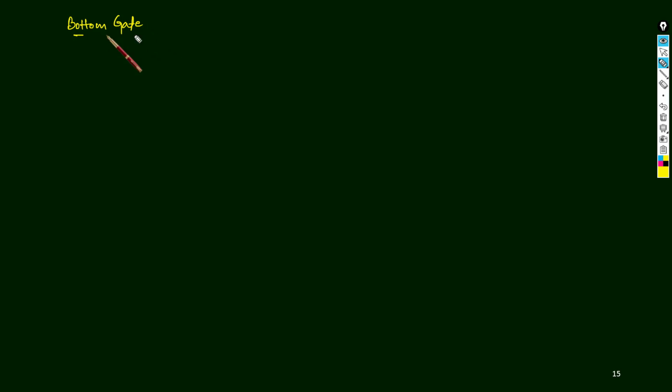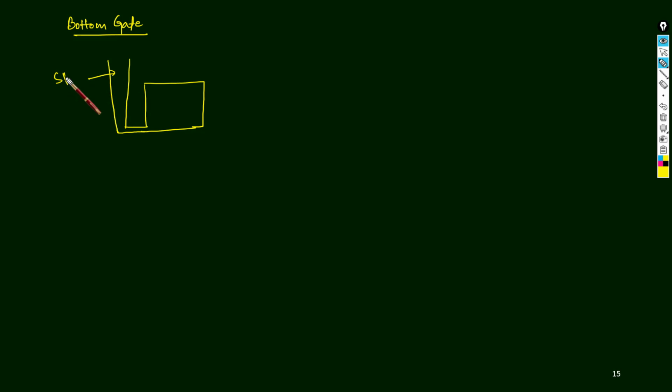In case of bottom gate, just draw the bottom gate. This is the sprue, and we have a runner here, and here is the cavity. This is the bottom gate.